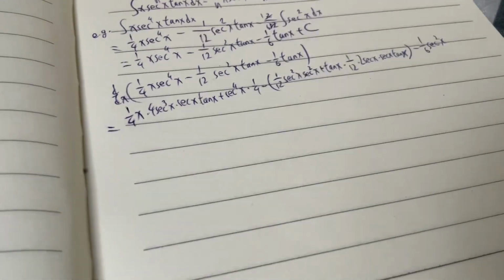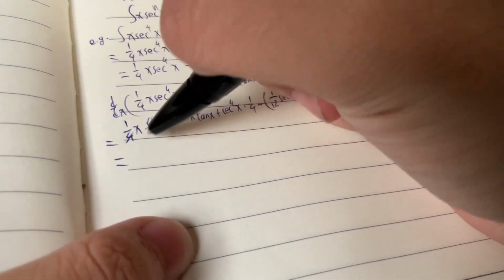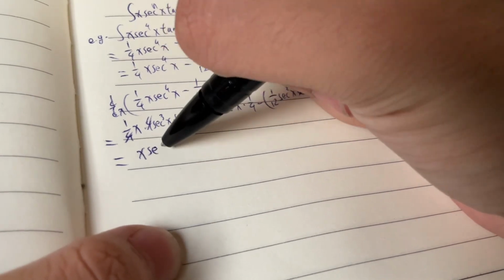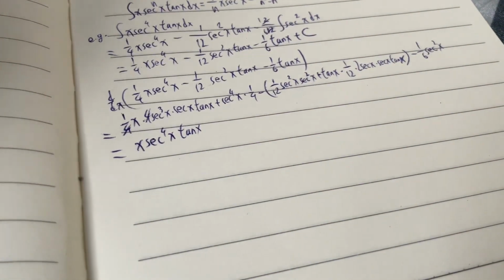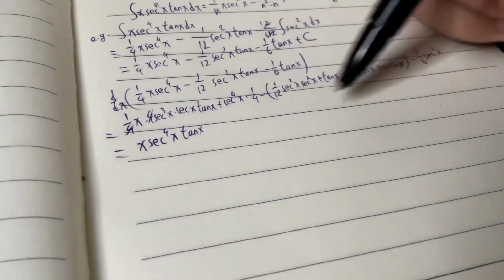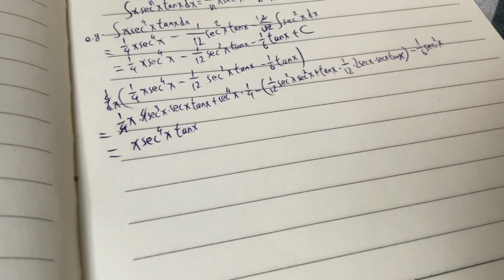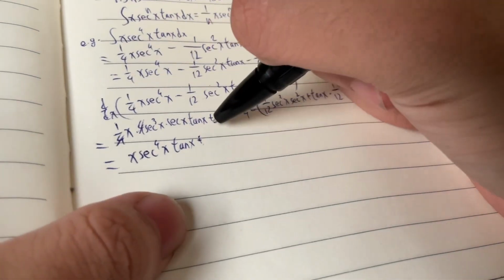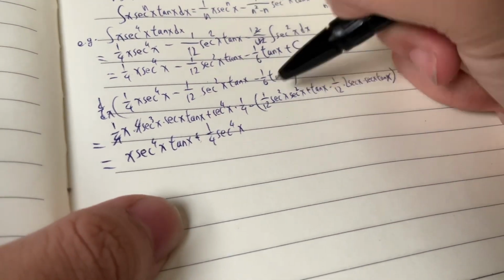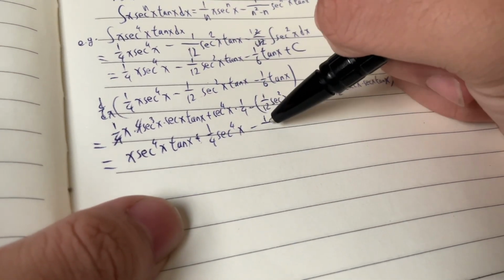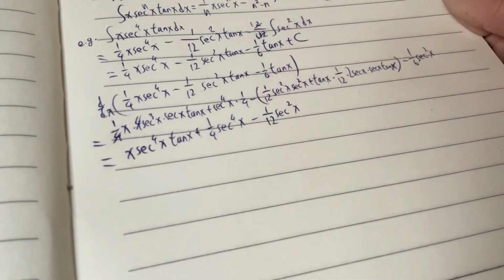Okay, here is the deal. 4 and 4, they cancel each other out, so you can get x times secant power 4x tangent x. But we have to do more work. It seems like they will cancel each other out, so keep continuing because we are doing a proof. 1/4 times secant power 4x, and then minus 1/12 times secant square x.